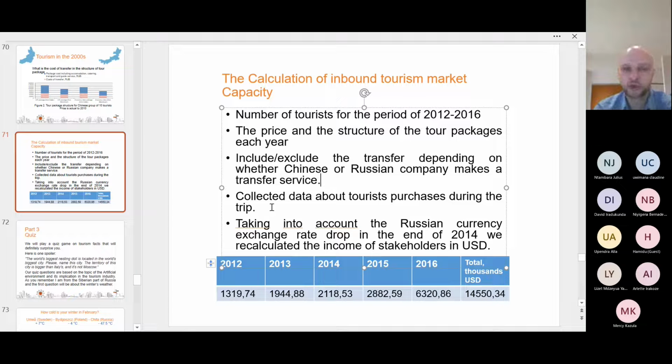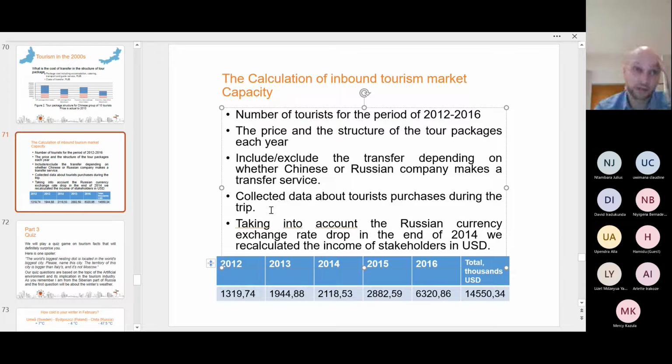Also, we used some empirical data. We conducted a survey on a regular basis, and we know the average amount of purchases that tourists were making during the trips.